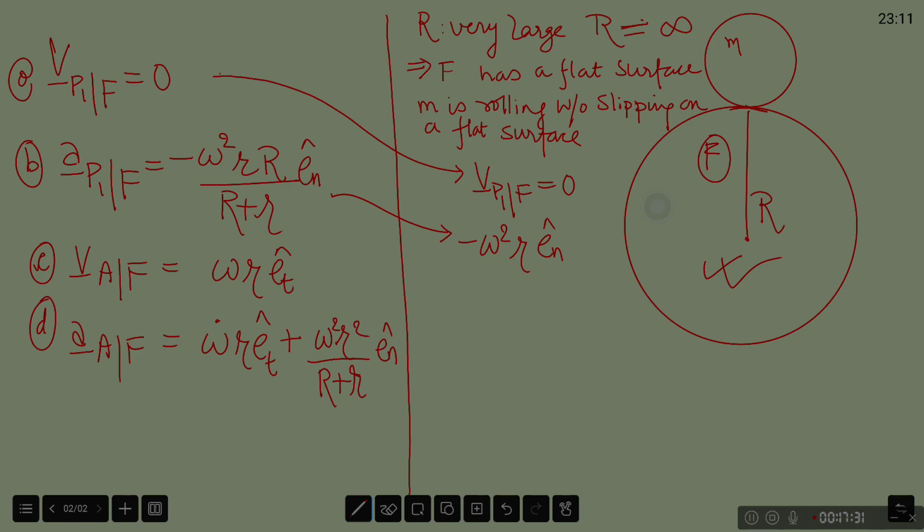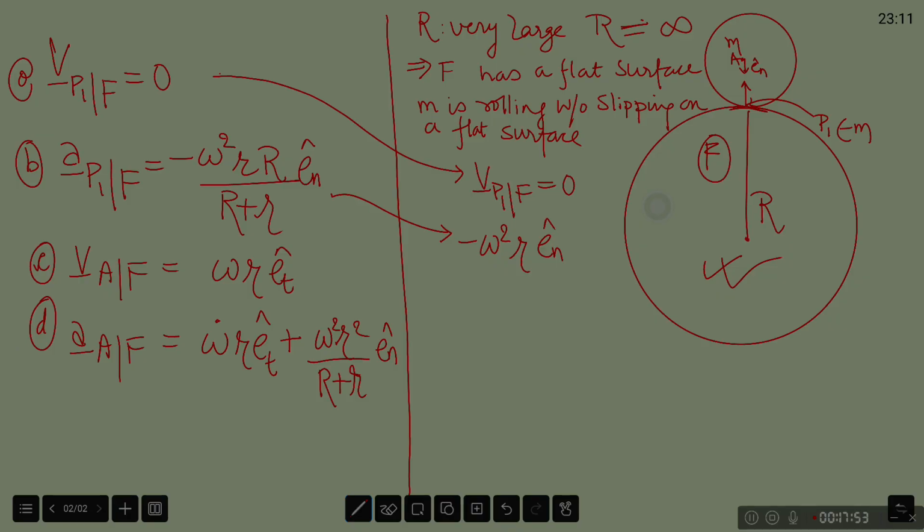So remember, this is point P1 belonging to M, and we had En pointing downwards, and this point is A. So AP1F will have no dependence on big R, and it will be a finite value, minus omega square r En.